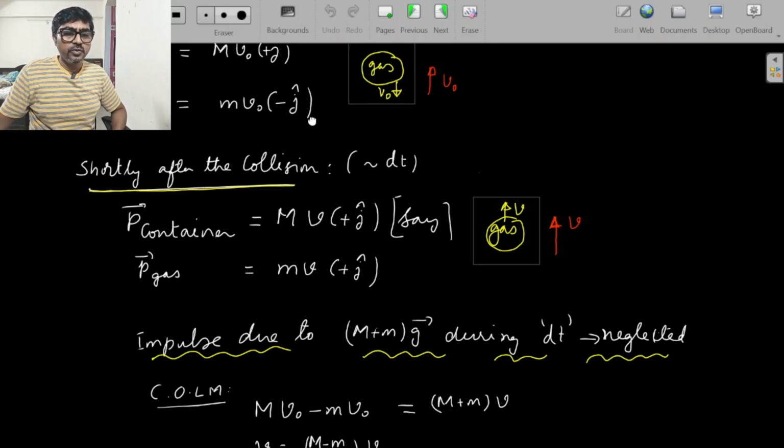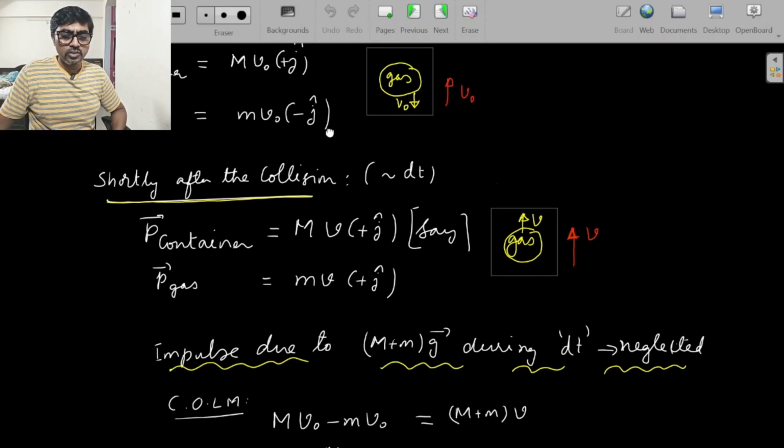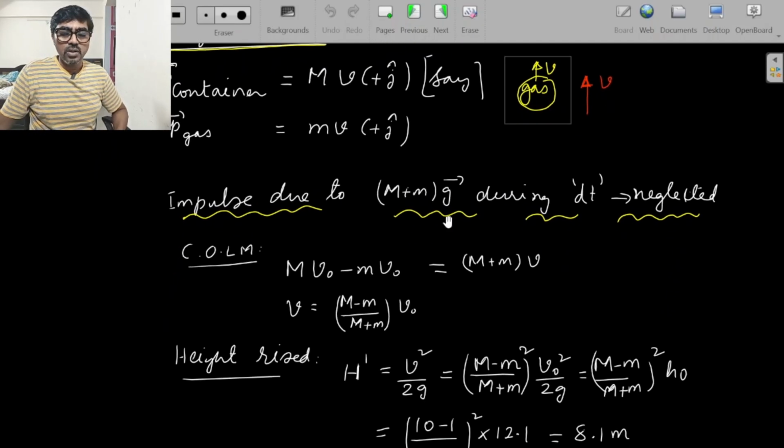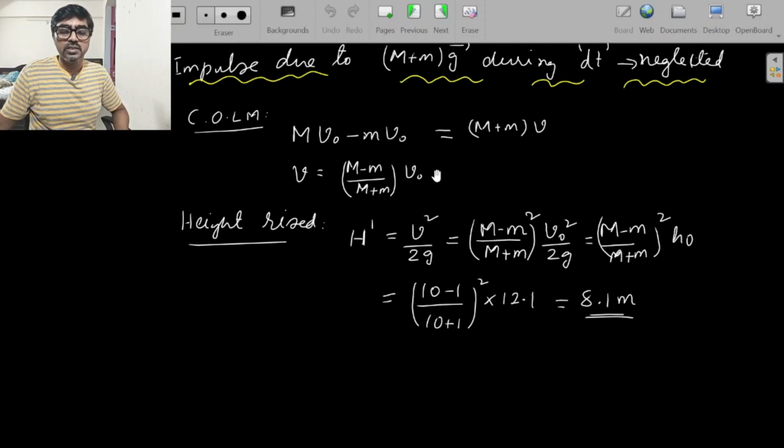So between these two, if I conserve linear momentum, just before collision it is capital M into V naught and small m into V naught with a minus sign, because the container is going up and the gas is going down, and after that gas and container together will go with common velocity v. So we get the velocity of the container after this second collision is completed.